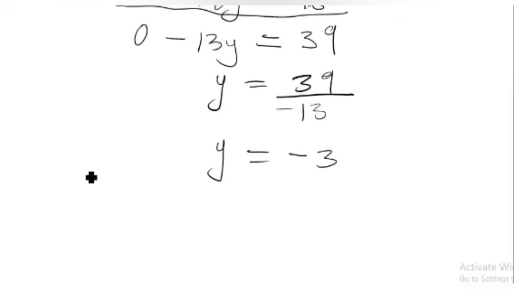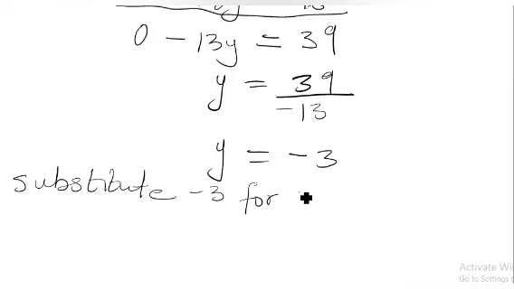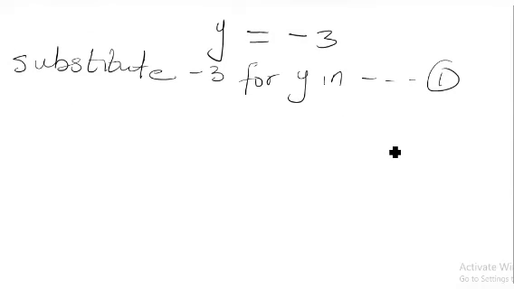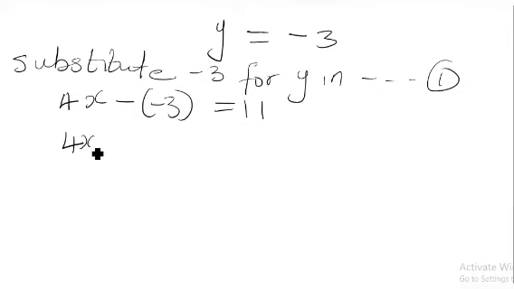So let's substitute. Let's solve for x. Substitute minus 3 for y in any of the equations. I will choose equation 1. So I'm going to have 4x minus, into minus 3, equal 11. So this will give us minus times minus 3. So this will give you 4x plus 3 equal 11.